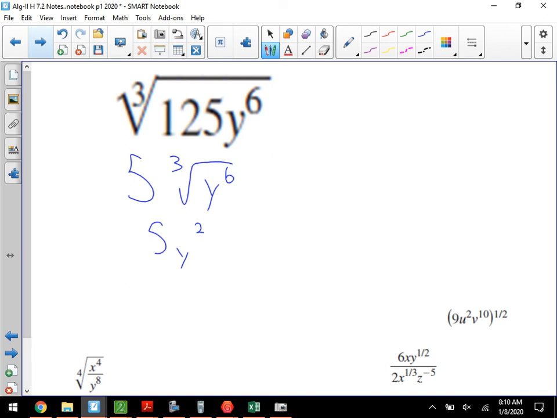If I rewrote this as a fractional exponent, what do you get for the denominator? 3 is the denominator because it's the nth root, so it's y.